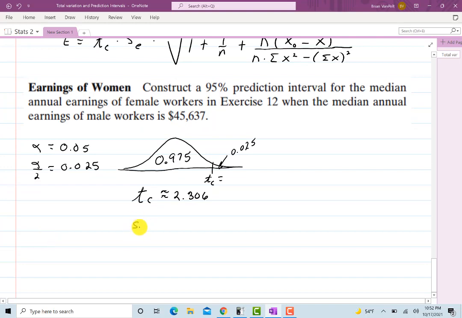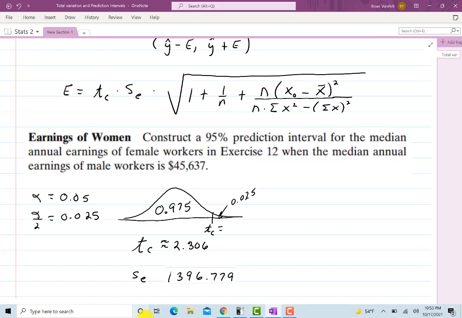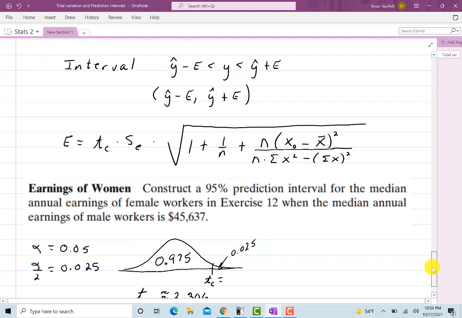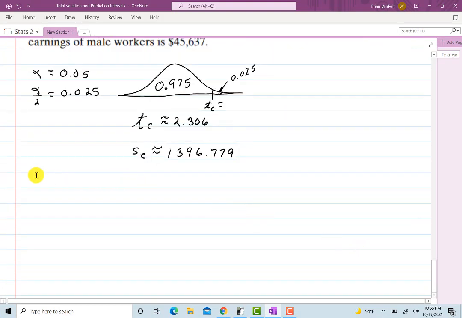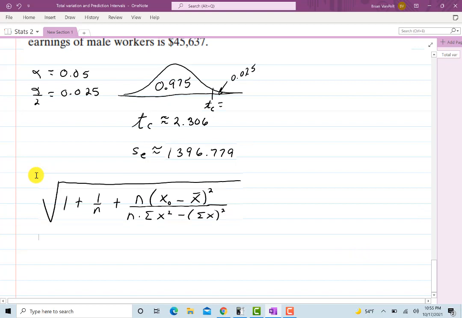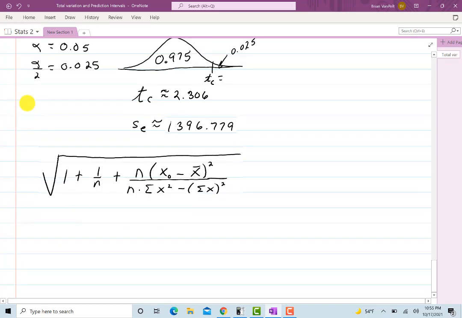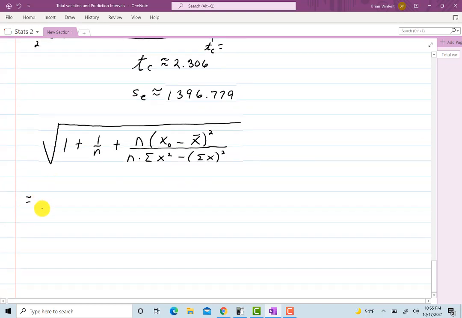And then the S sub E, we just did that one. Now we need this big square root. Let me grab that. And now let's see what I have. 1 plus 1 over 10 plus 10 times.